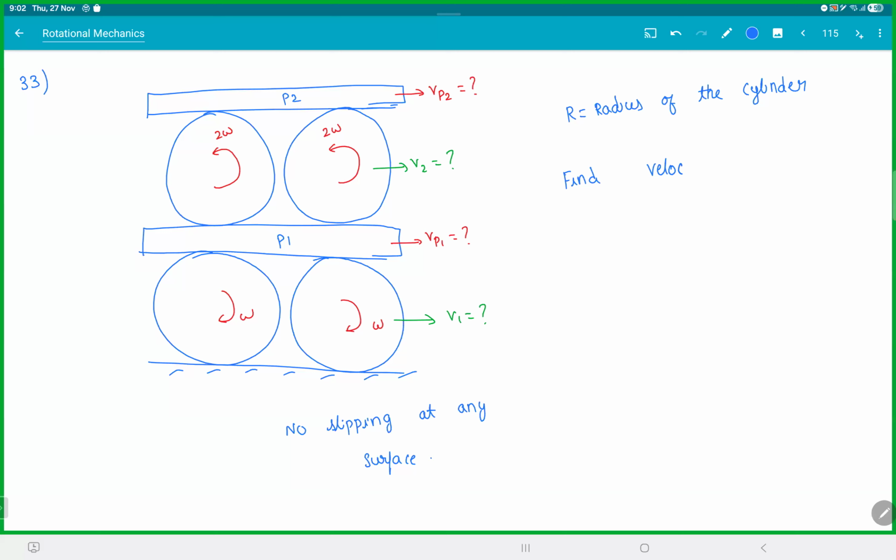Find the velocity of cylinders and planks. There, let's get this. Hope the picture is clear, everyone.